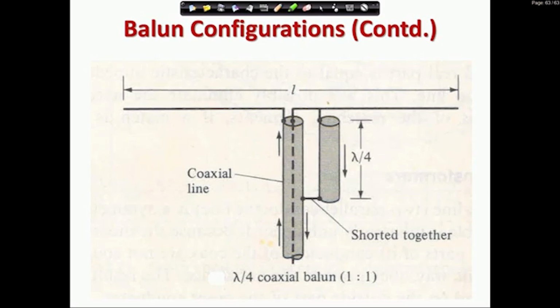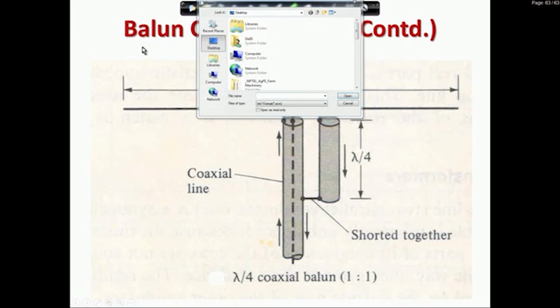This unbalance comes because, as I have already said, the current flow directions are opposite. So, we get a parallel auxiliary line. I think I have said this in the balun discussion.